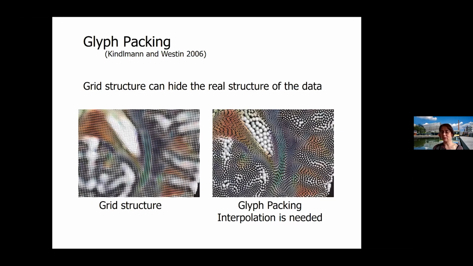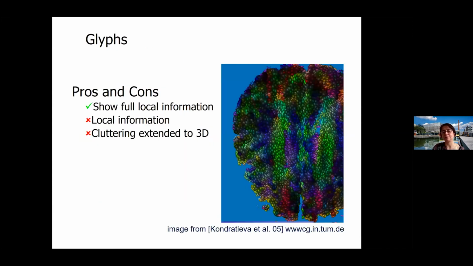So quite some work has been developed to try to get rid of the grid structure, such that you can clearly see the structure that is really in the data, and this is not occluded or cluttered by the grid. So the placing of the glyphs is also very important.